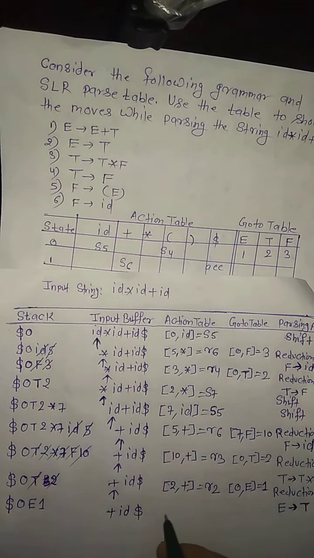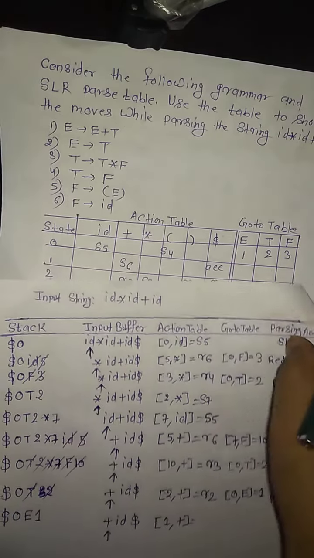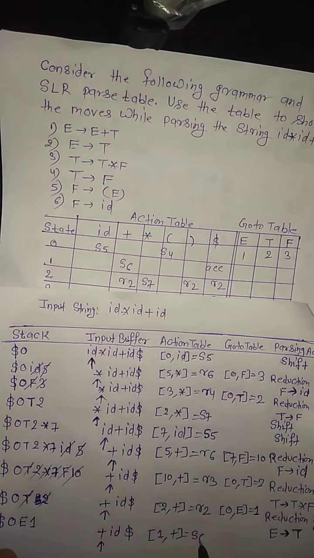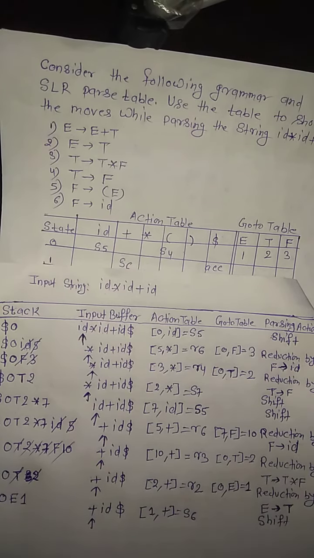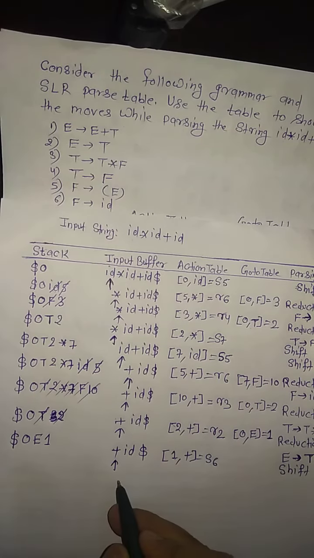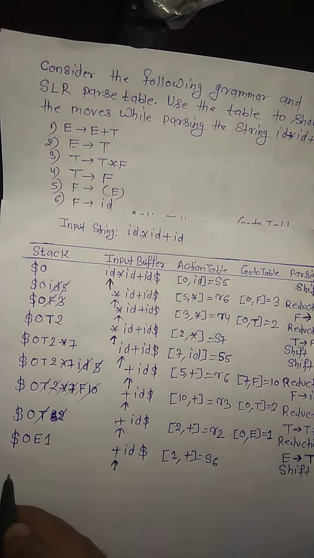Okay, now you write what the pointer points to, the plus, 1 comma plus. So 1st row and plus column we have S6, so we write here S6. S6 means perform the shift operation, and shift operation means we have to shift this plus to the top of the stack.